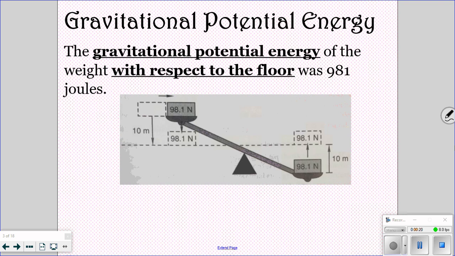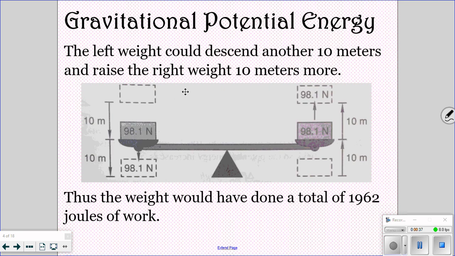The gravitational potential energy of the weight here with respect to the floor was 981 joules. The reason is because it had the ability to do that much work. The left weight could descend another 10 meters and raise the right one 10 more meters.